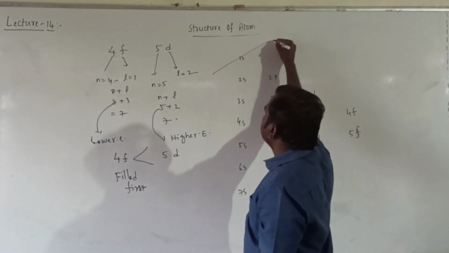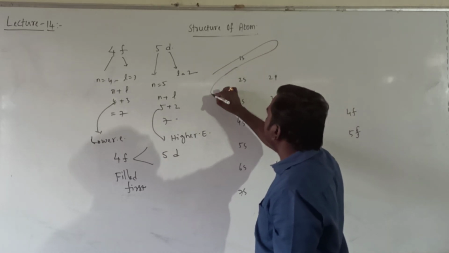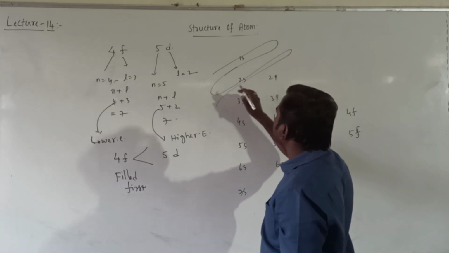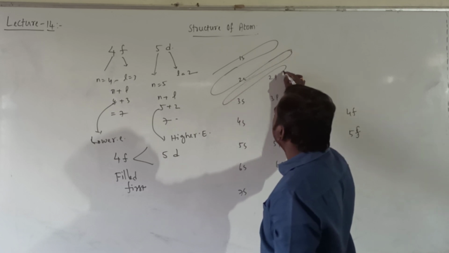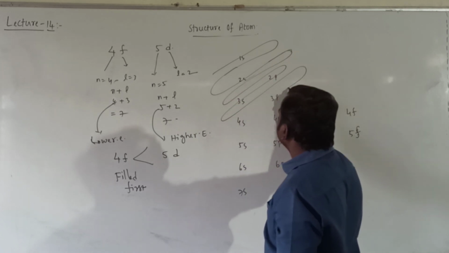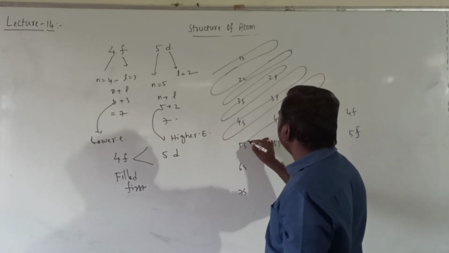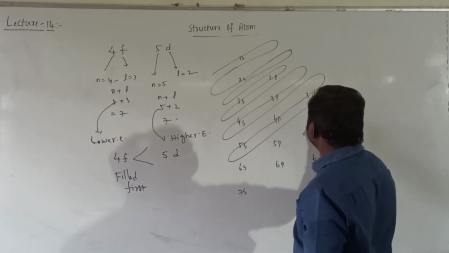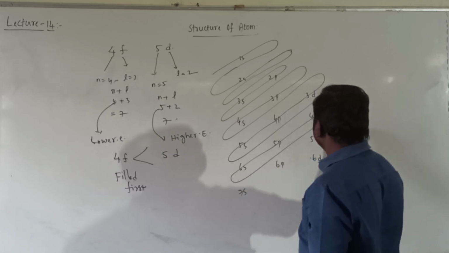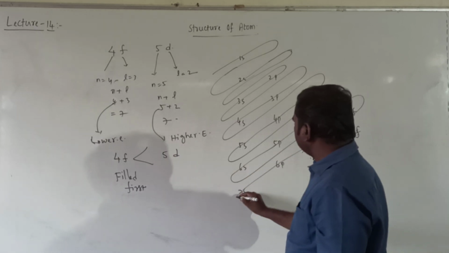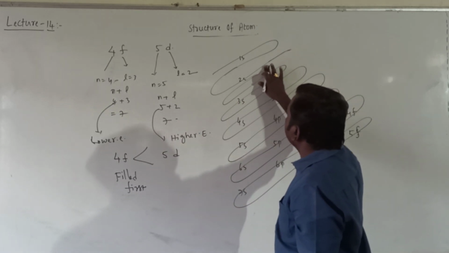So as per this, you just follow like this: 1s, 2s, next 2p, 3s, 3p, 4s, 3d, 4p, 5s, next like this, 6s afterwards. Like this you need to follow, right?